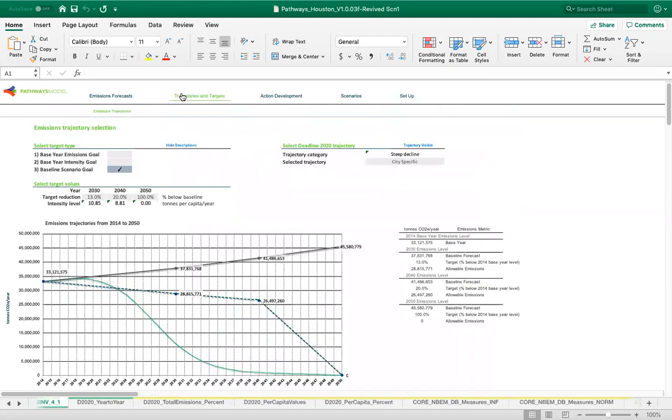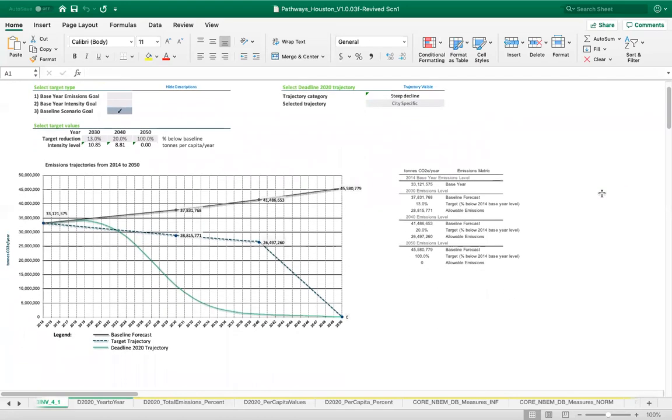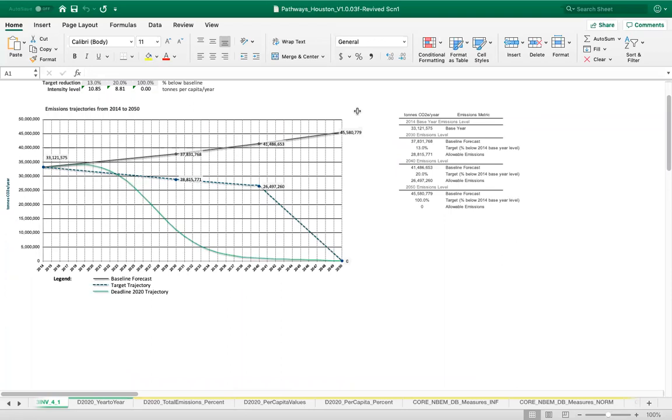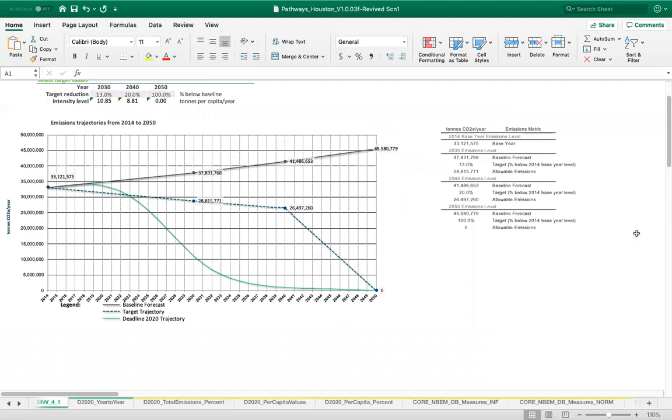And what this gives us, between that basic setup and the growth factors that we had under business as usual, is where our emissions are likely to be going under that case. So the top line here is that business as usual growth. Let me make it a little larger.